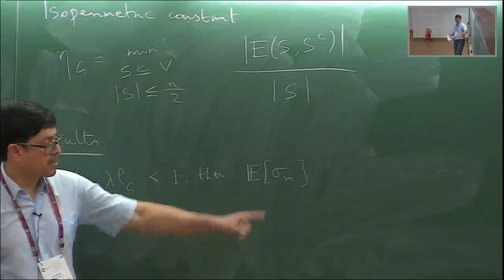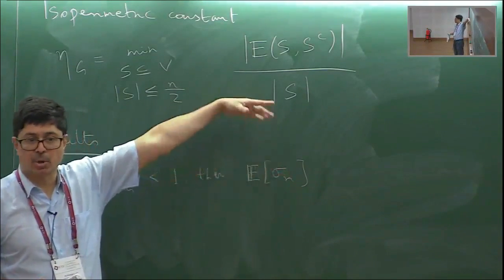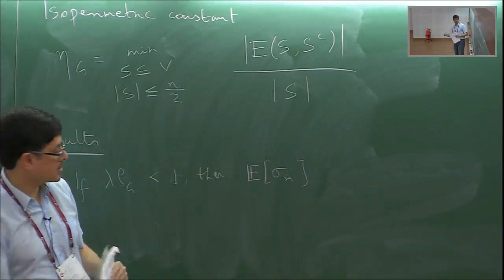I'll use sigma n for the epidemic lifetime started with all vertices initially infected.